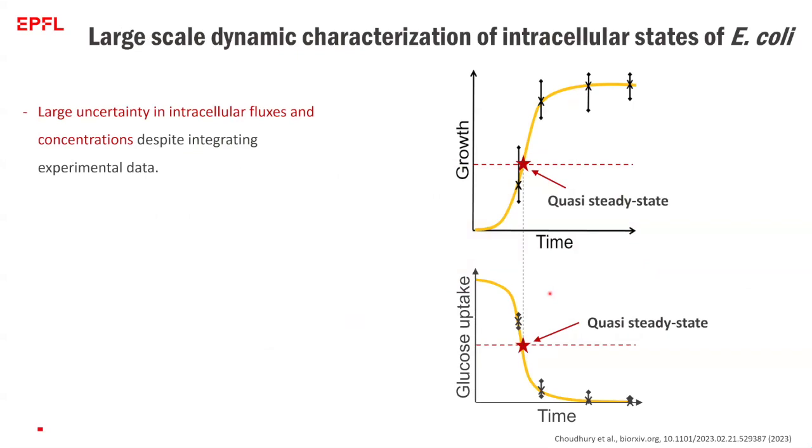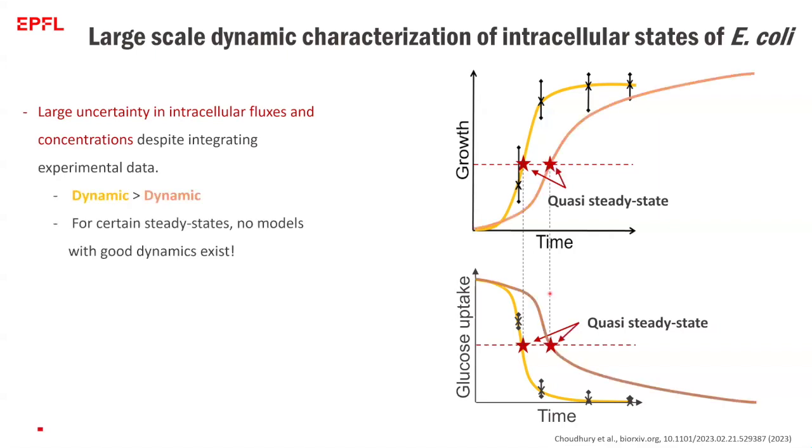However, when you use steady state data, you might also reproduce the orange curve, which has exactly the same quasi-steady state, because the steady state doesn't know anything about this specific time.